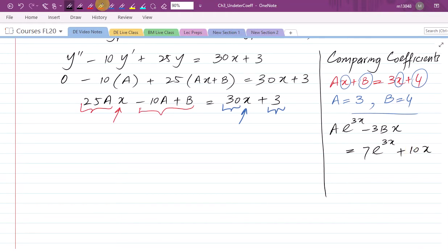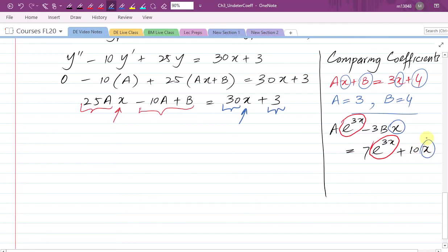What are the variables here in this equation? The variable is e power 3x, and we have e power 3x on this side. The second variable is x, and on this side we have x.